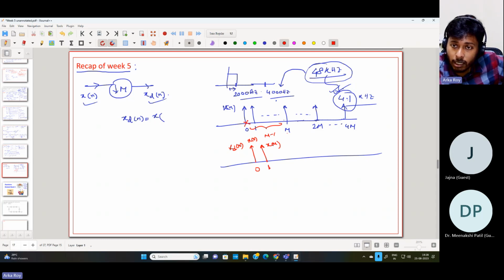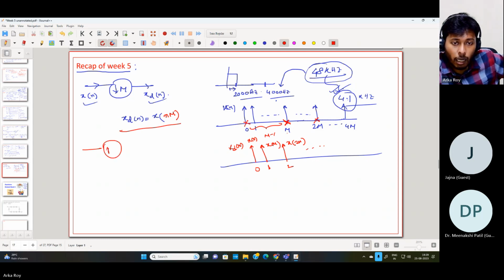So what was there in the original signal at the mth location is shifted to the first location of the new signal. Then I will consider the next sample at 2m. So at second index, I will get x of 2m, likewise. That means what I am considering is x of nm. So this is the decimation operation.